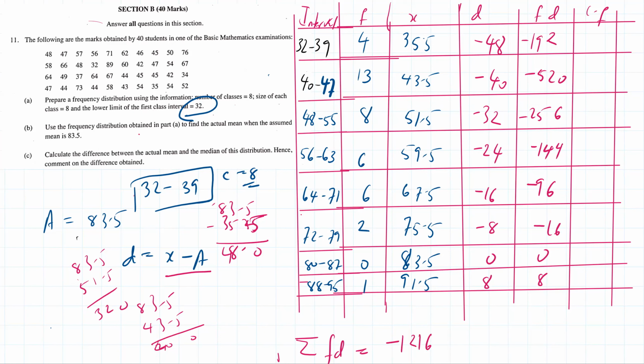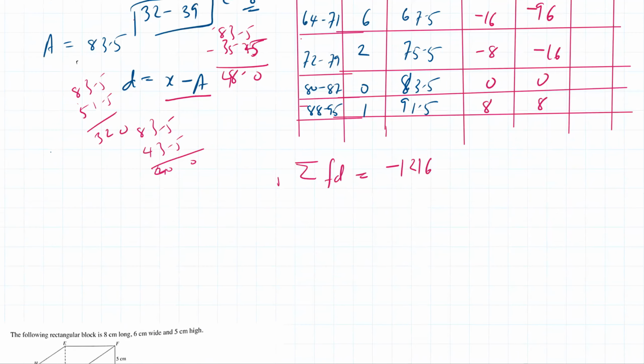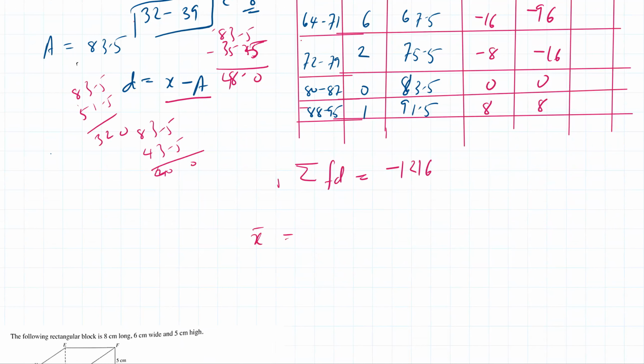Then we're going to use the formula. The formula is mean equals the assumed mean plus the summation of FD over N. So you have 83.5 plus negative 1216 divided by 40.